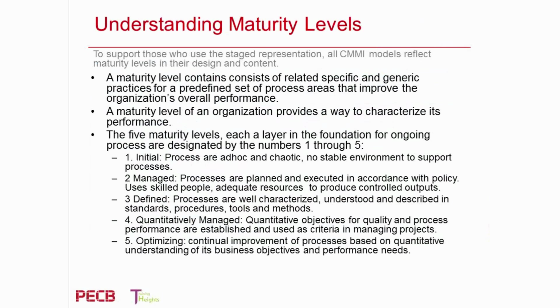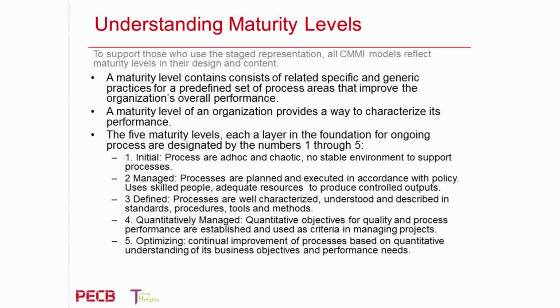While for maturity levels, we're talking about initial, managed, defined, quantitatively managed. The maturity in itself consists of related specific and generic practices for a predefined set of process areas, which I will explain further, that improve the organization's overall performance.